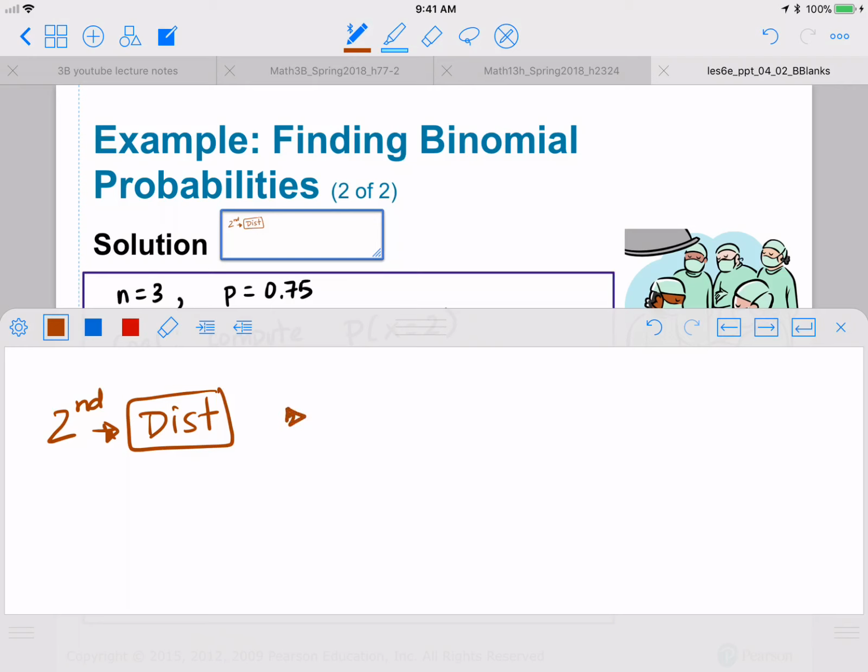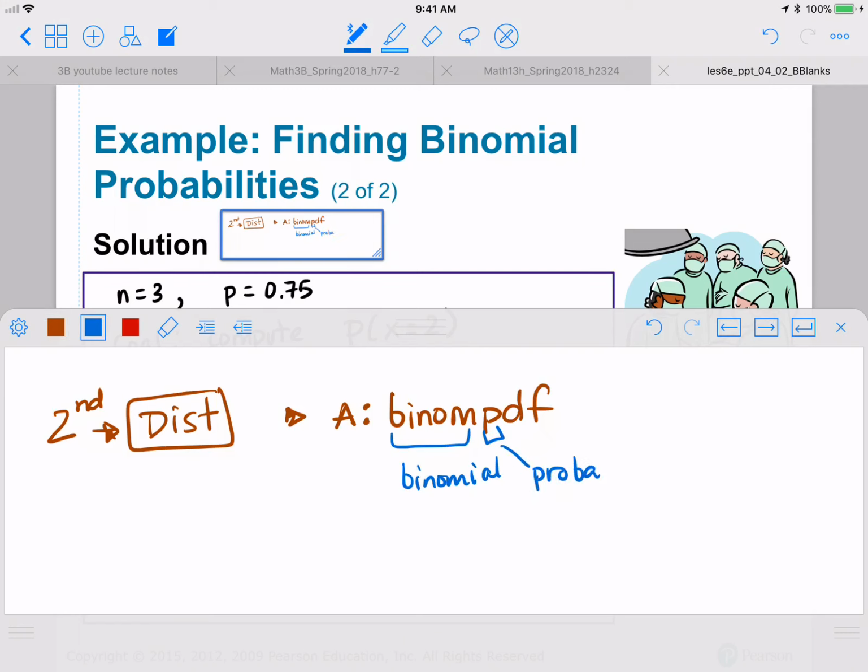It should be A, binompdf, right? So this is binomial. The P stands for probability distribution, and the F stands for function.